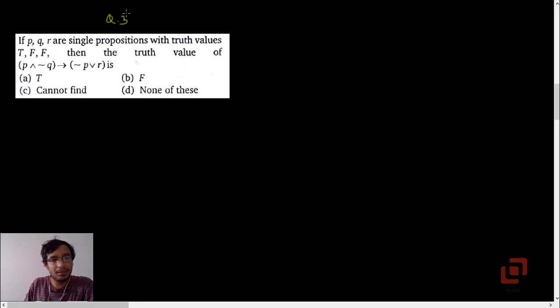Question number 3. If P, Q, R are single propositions or atomic propositions with truth values T, F and F, so we have P, Q, R and T, F, F. Then they are saying the truth value of P and negation Q implies negation P or R is.